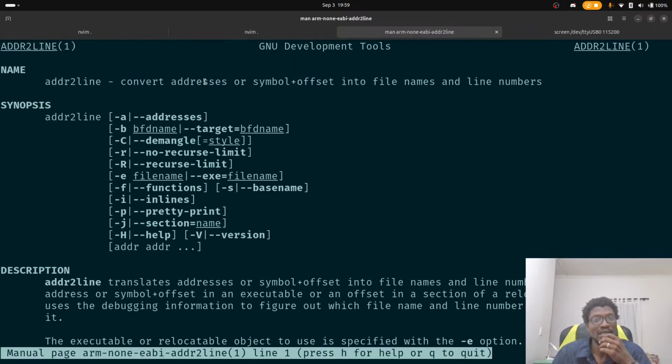Can we man that? Yeah. Convert addresses or symbol offsets into file names and line numbers. So you can give this your ELF executable or your a.out, and it will give you the line and file name that is represented by the memory address that you're looking at.